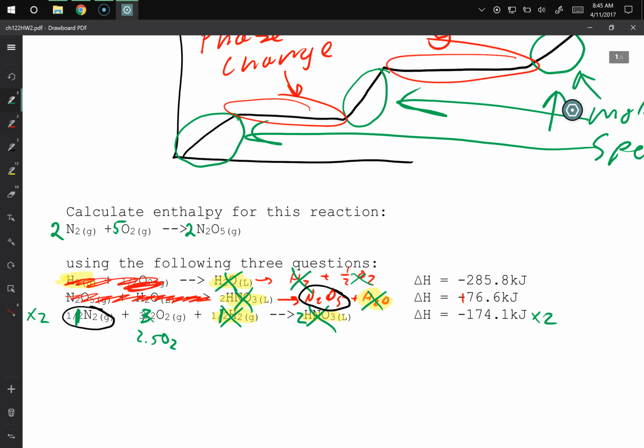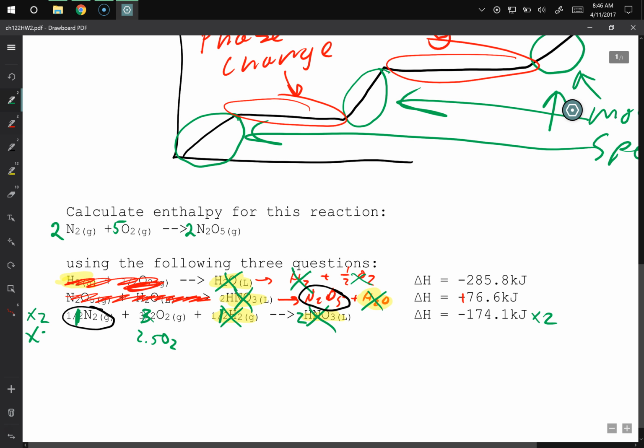Okay, so let's try that. If I double this again, then this becomes a 2. This becomes 5. And this becomes 2. And this becomes 4. And so then if I double this guy, that becomes a 2.